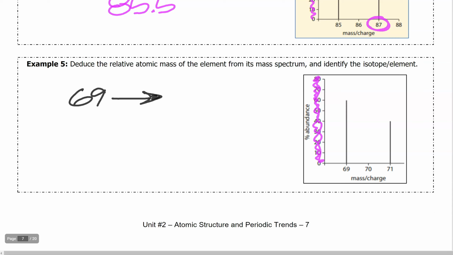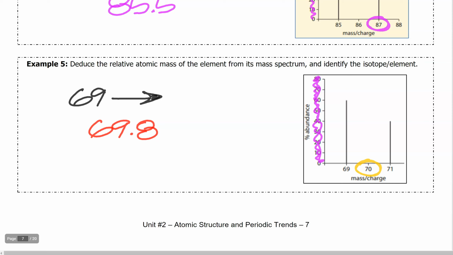So it's going to be not exactly in the middle of the two. So it's not going to exactly be 70, but it's going to be pretty close. So I'm going to guess on this one that I'm probably going to be like 69.8, something like that. Like pretty close to 70, but a little bit behind it.